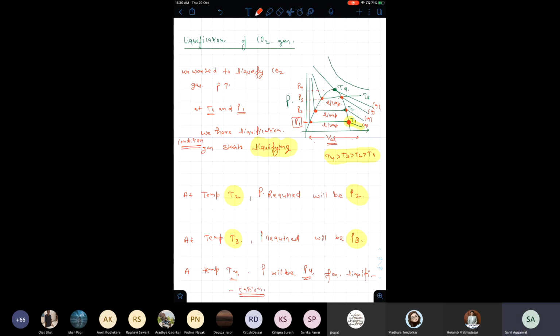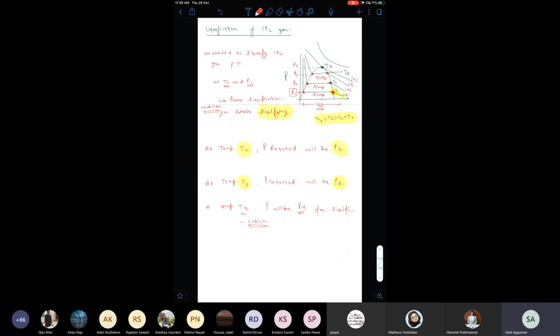Just read it till here and let me know if there is any doubt. पहले यहाँ तक पढ़ो, बताओ if there is any doubt, we'll discuss it again. Please read it again.